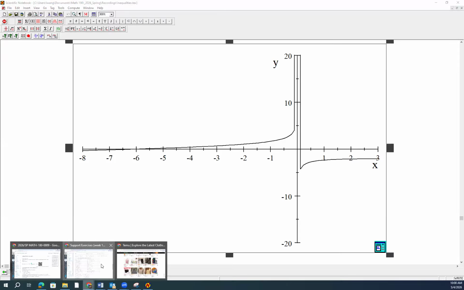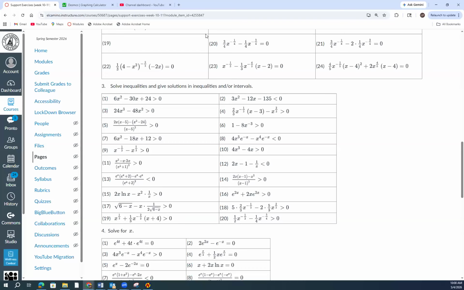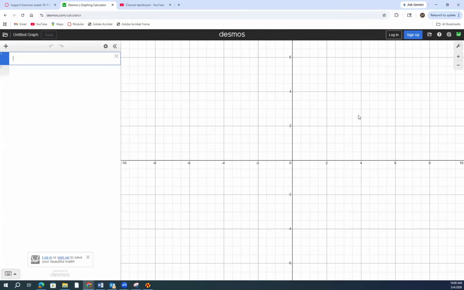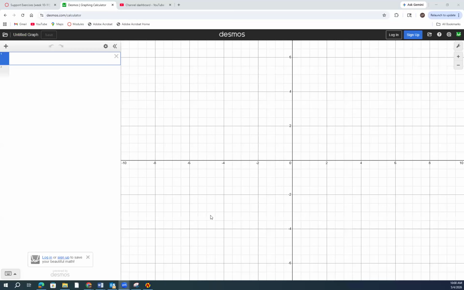Let me make sure I share it. Okay, the software I was using there is really good for typesetting, but it's not super good for graphing. So I'm going to graph with Desmos.